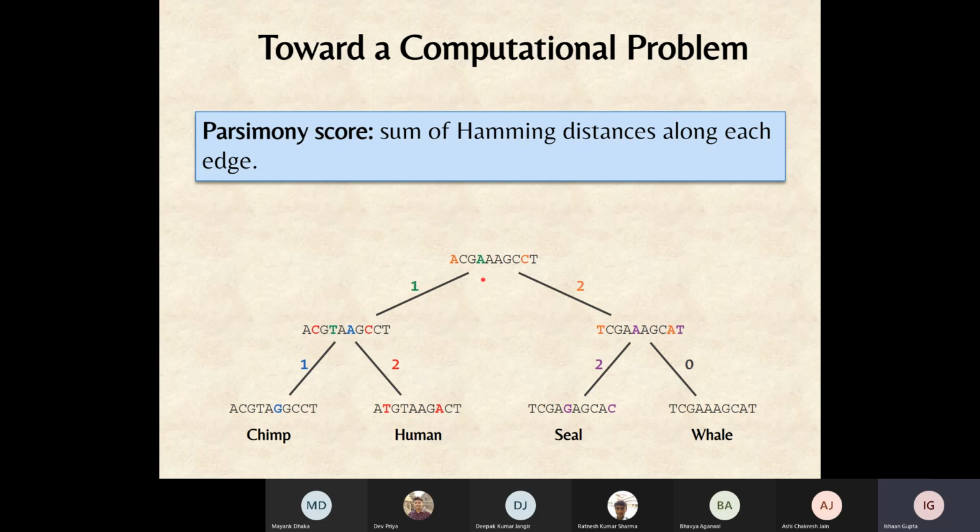When you have the ancestral state of internal nodes, you can take a look at the Hamming distance of each of these internal nodes with the leaves, and you can come up with the weights of these edges. Earlier we were inferring the weights of the edges just based on distances, not based on the sequence itself.